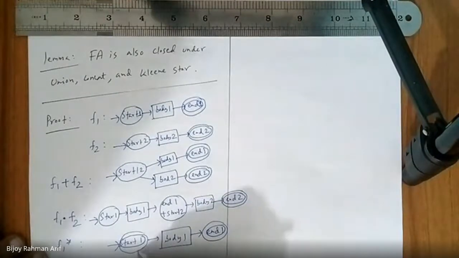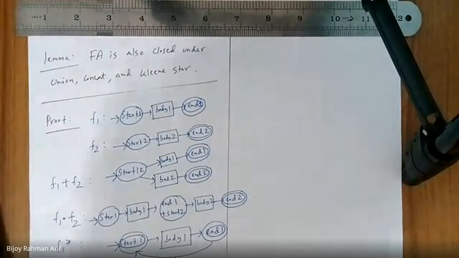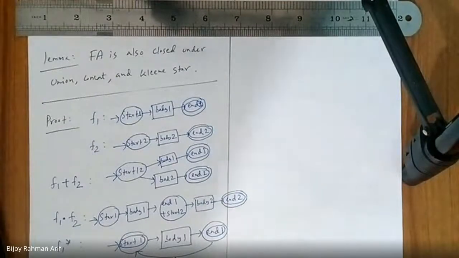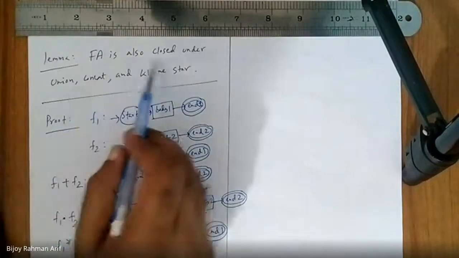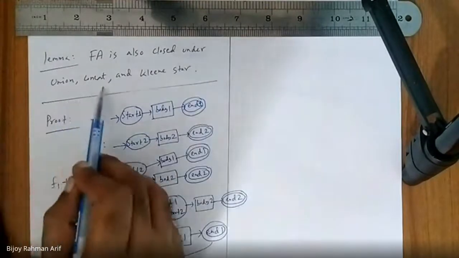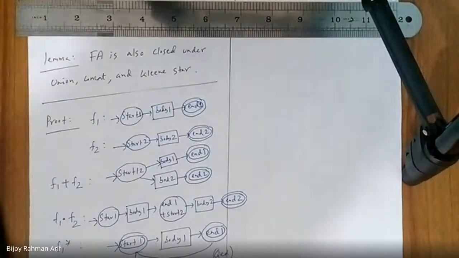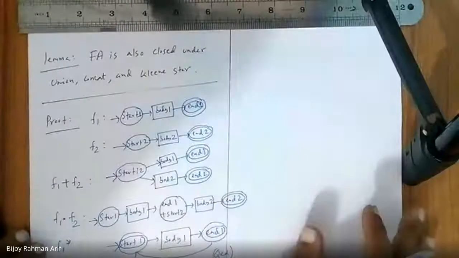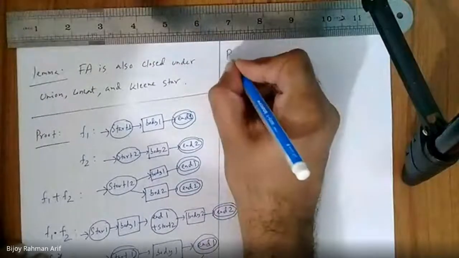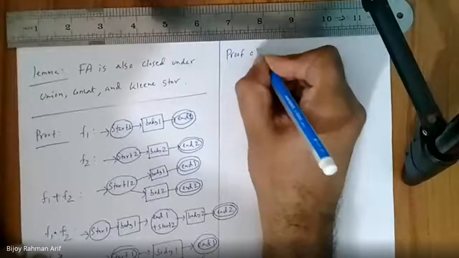Then we make a transition back, so F1 star is also accepted. So it means finite automata is also closed under union, concat, and star. QED, proved.